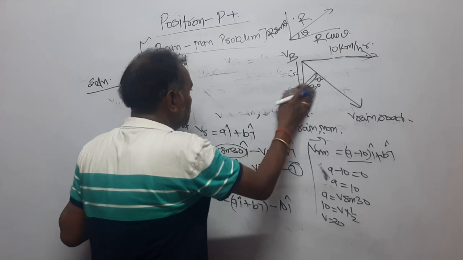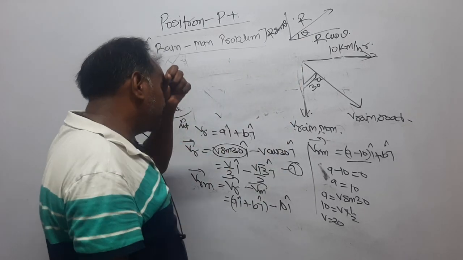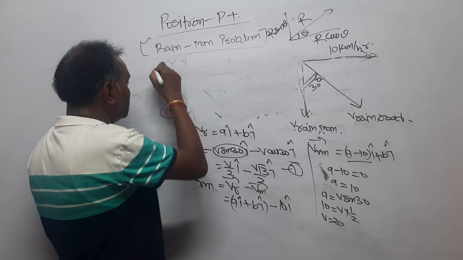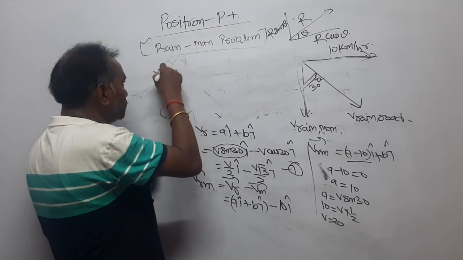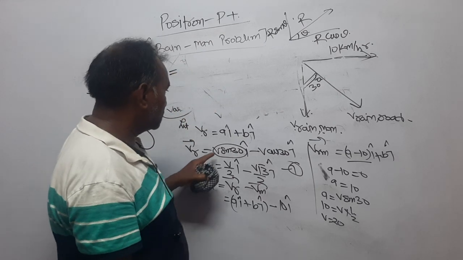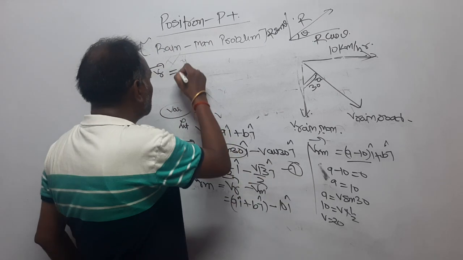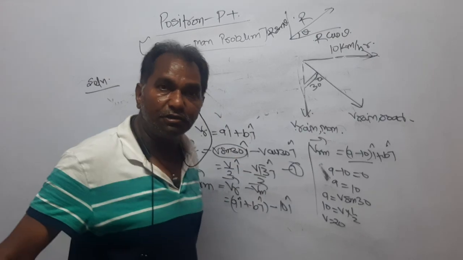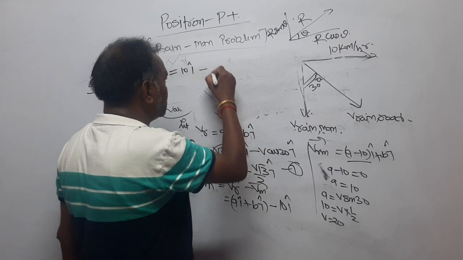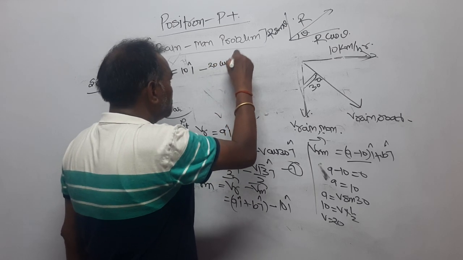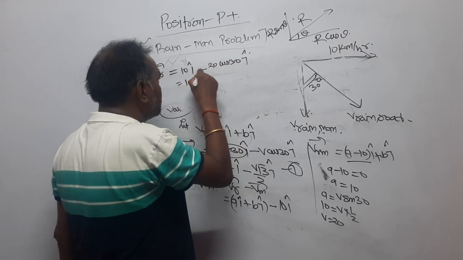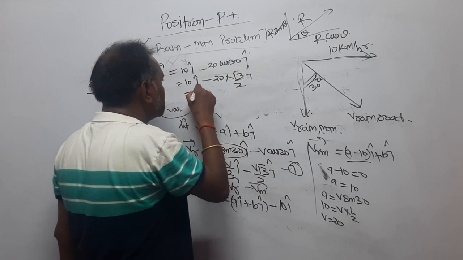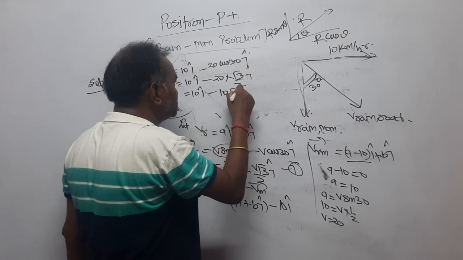Now look here, dear student, you found the value of V, which is equal to 20. So the velocity Vr is 10 i cap minus 20 cos 30 j cap, where cos 30 is root 3 by 2, so that is 10 i cap minus 10 root 3 j cap.